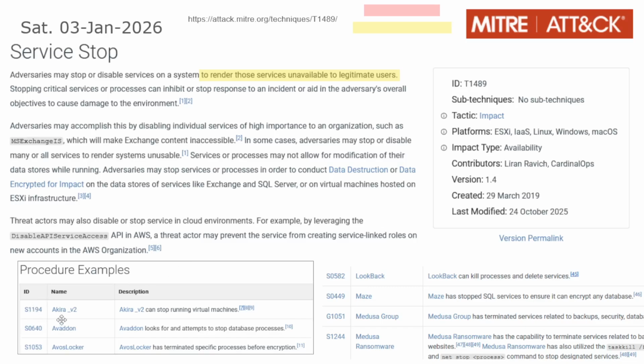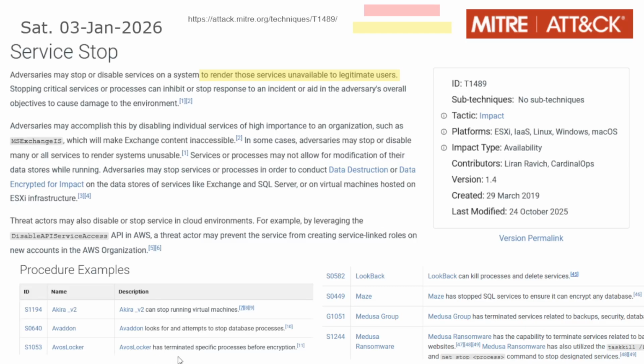Okay, and as you can see, Akira, that's a classic ransomware that is still active. I've seen it in the wild. It's a sad thing if companies end up encrypted without a good backup. Everbee looks for and attempts to stop database processes.